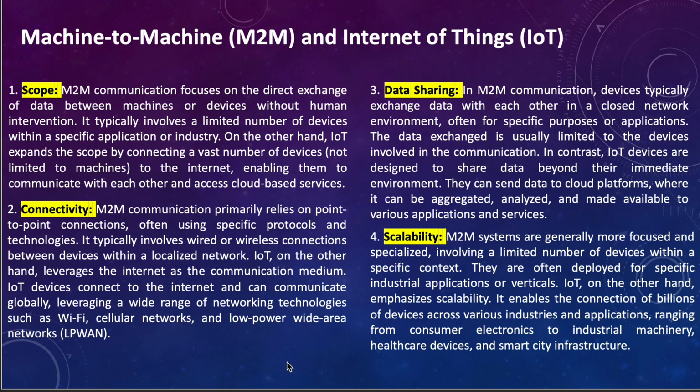M2M systems are generally more focused and specialized, involving a limited number of devices within a specific context. They are often developed for specific industrial applications or verticals. So for example, again, manufacturing plants with specific needs, right?